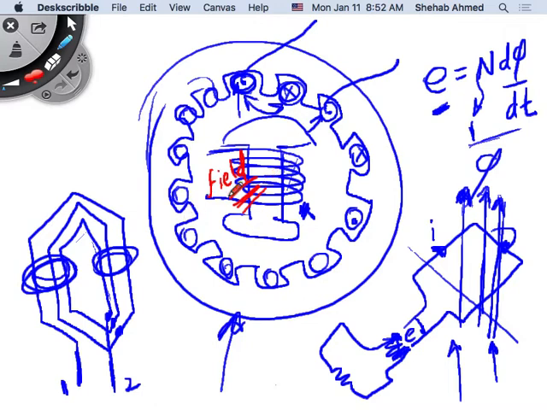And if I'm rotating this, then I'm rotating the magnetic field around. So each of these coils in these slots is seeing a magnetic field. The prime mover is moving the magnetic field around, so this magnetic field will pass by all these coils at different times, right?